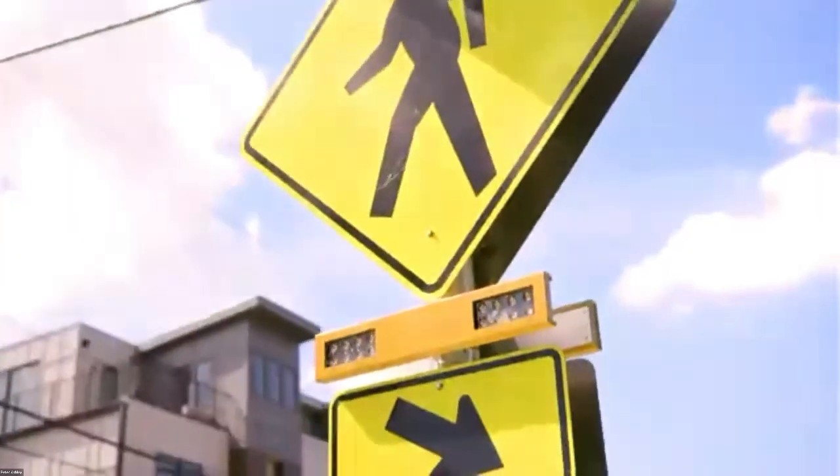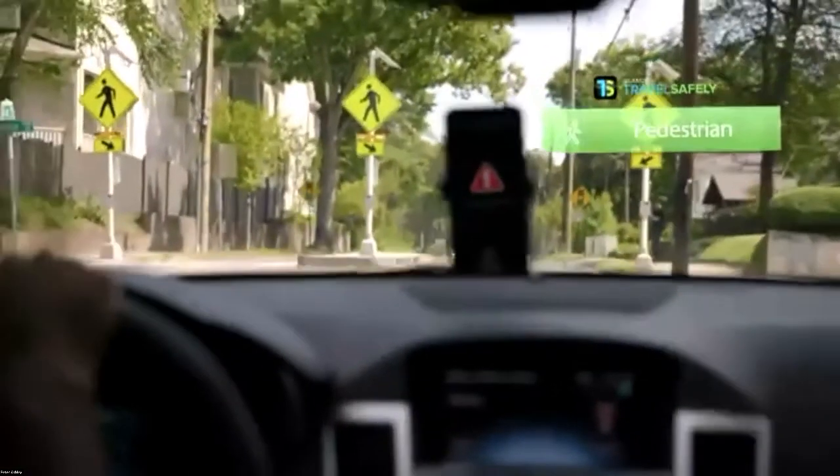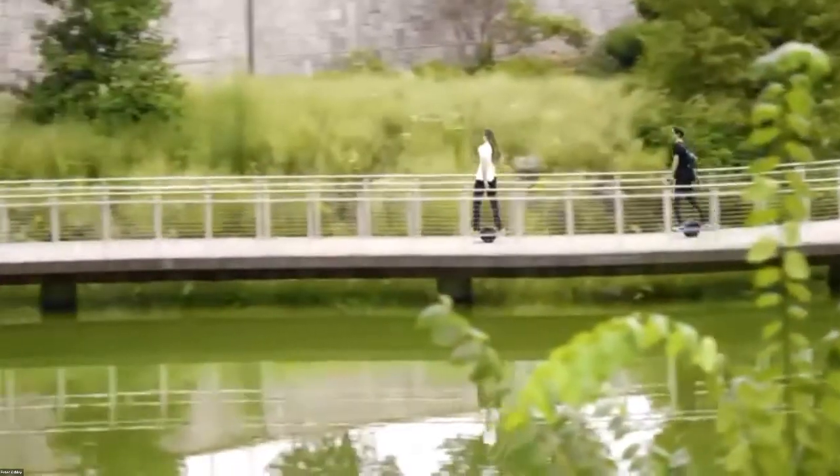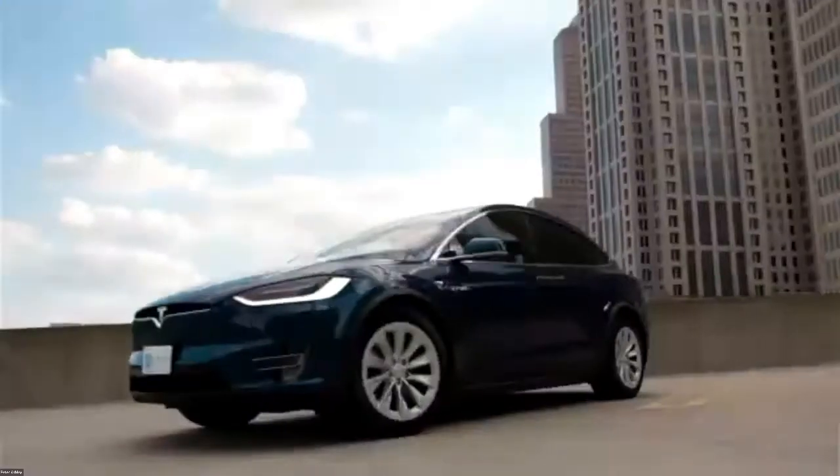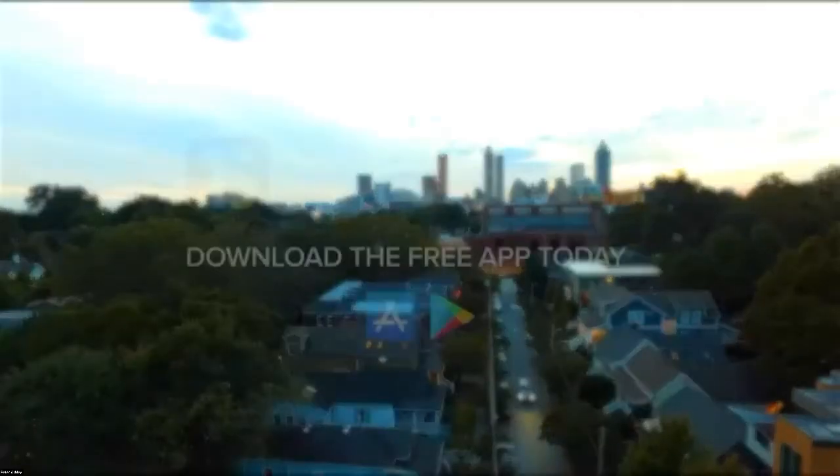So whether you're on the road or just crossing, Pedestrian. Every time you open Travel Safely, you're helping make a better commuting experience for all of us. Together. Download the Travel Safely app today and join our community of users committed to making our roads safer.